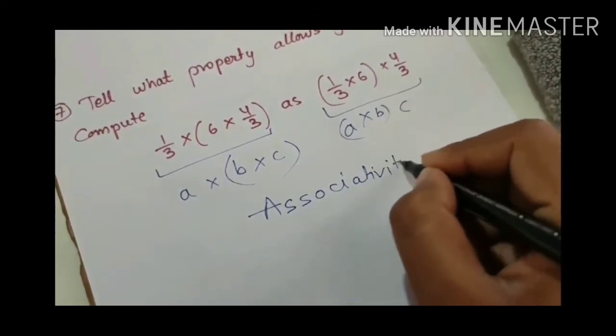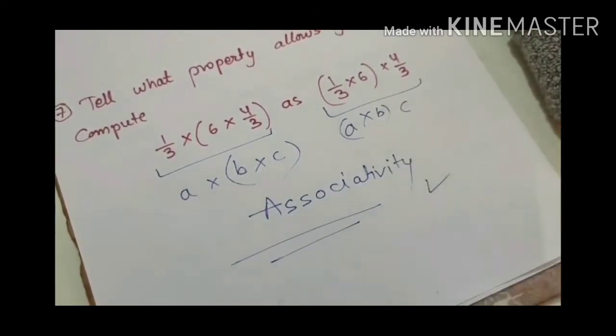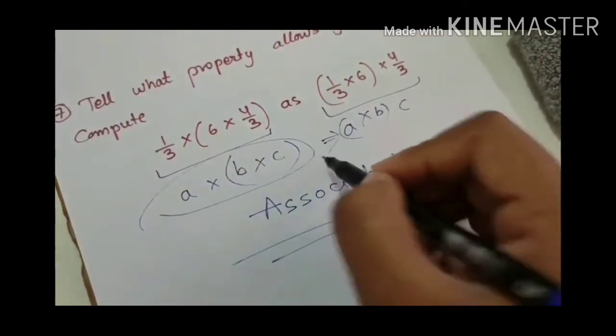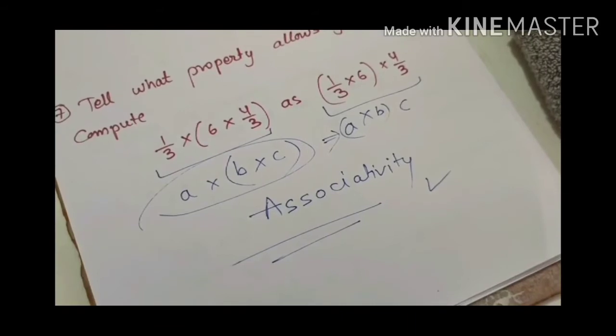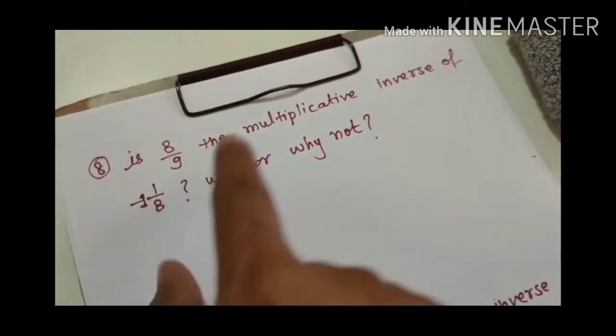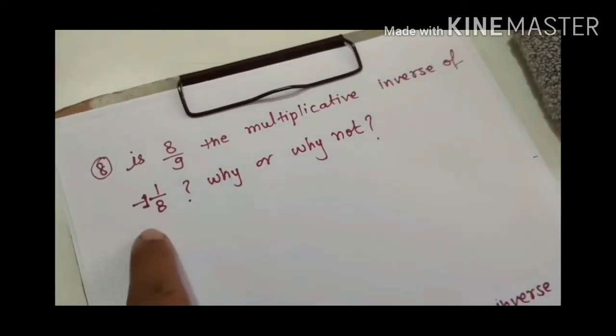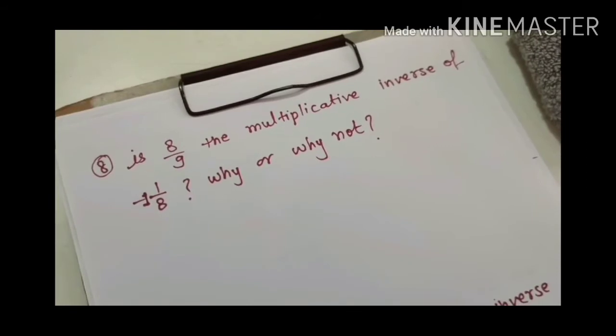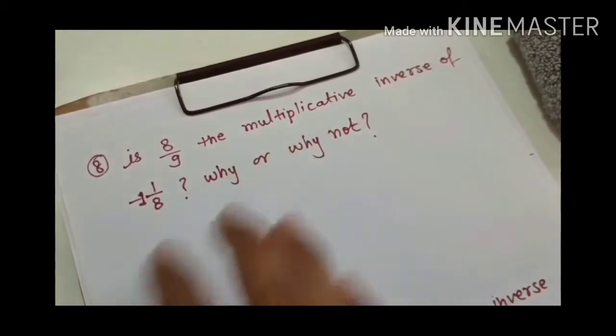If you see that time when I was explaining that example, the same thing we find, which is equal to. Now question number 8: is 8 by 9 the multiplicative inverse of minus 1 by 8, why or why not?